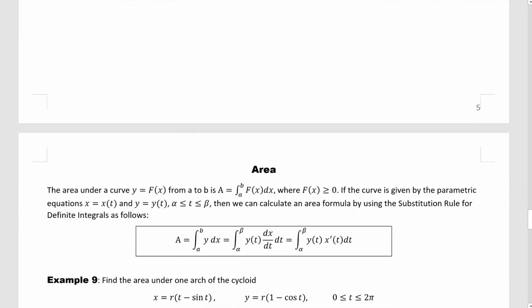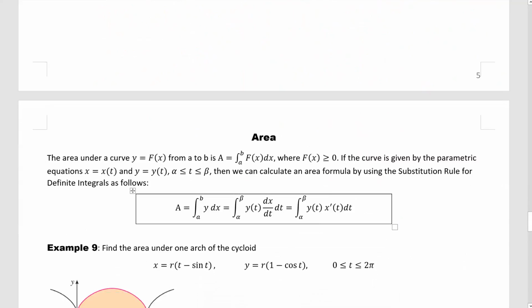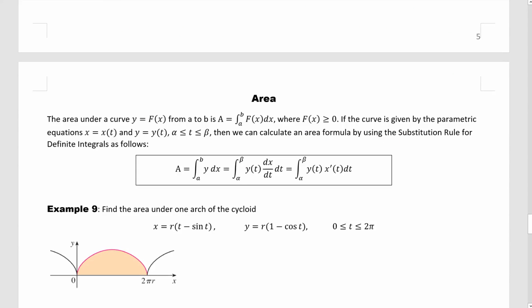Okay, next, area. So the area under a curve, the regular formula was integral a to b f of x dx, okay? But now it's the same as y dx. But now think about x and y, they're a function of t. So y, we can have y of t, but what's dx? Well, dx is dx dt times dt, right?